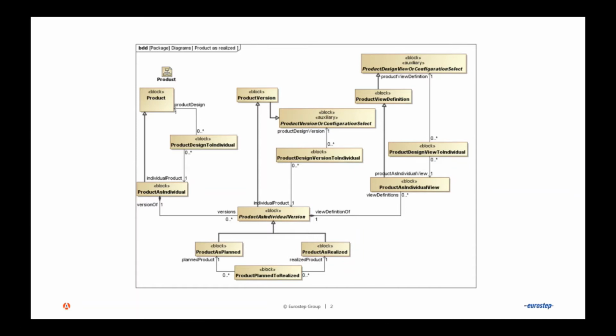By using these relations between different classes of product information, we can trace and understand the relation through the life cycle of the product, both going forward, but even more important, going backwards.